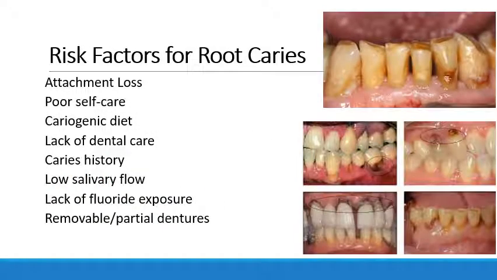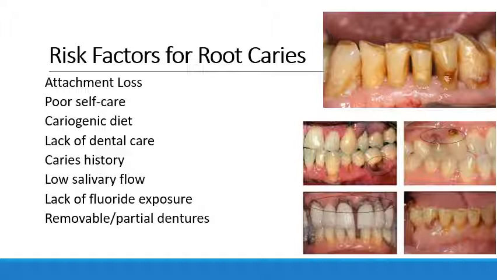So listed on this slide are the risk factors for root caries. Of course, attachment loss, poor self-care, a diet high in sugar and carbohydrates, lack of dental care, a high history of cavities, and people that exhibit a dry mouth or low salivary flow.